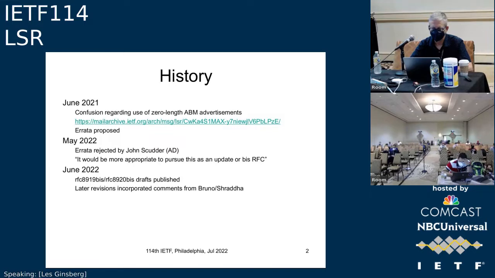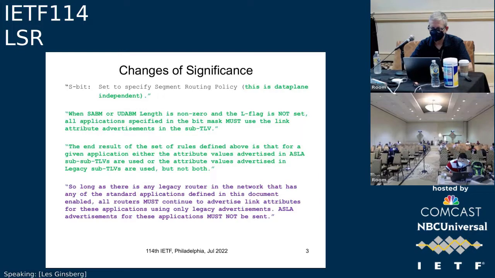We got some additional comments from Bruno and Srvtns beyond what had been written in the errata. We've incorporated those. This is not a complete set of diffs. This is just a quick summary of the significant changes. We clarified that for the SRTE application this is data plane independent. It applies to SR-MPLS and SRv6. That was input from Srvtns.